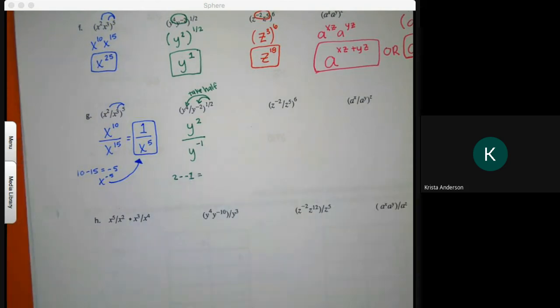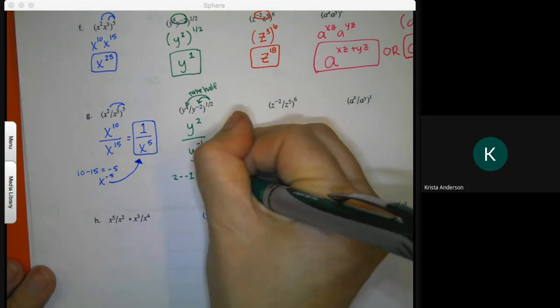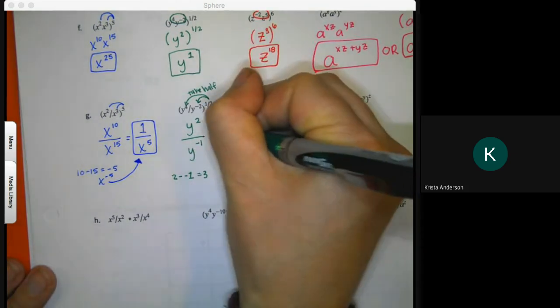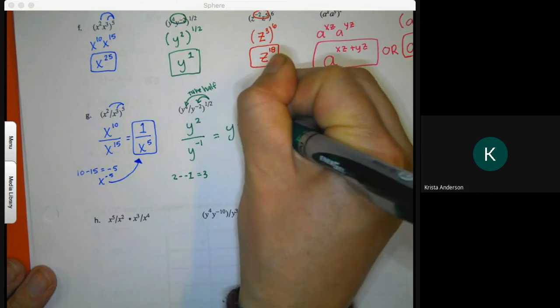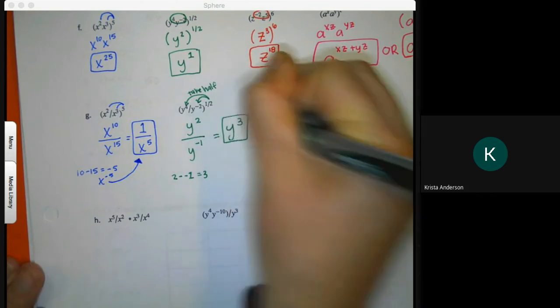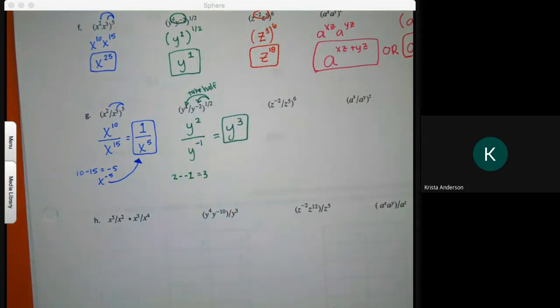What is the top minus the bottom? A +3. So basically, I moved this one up to the top, and I said 2 and 1 make a total of 3.